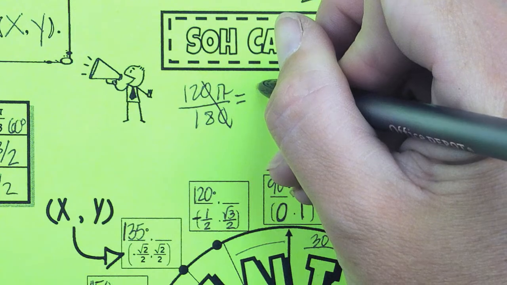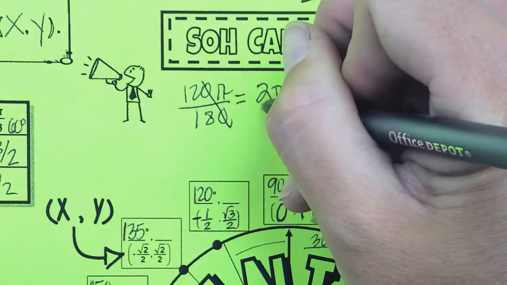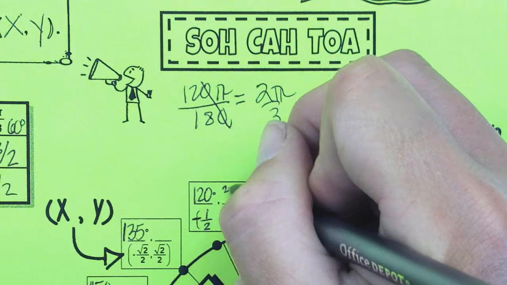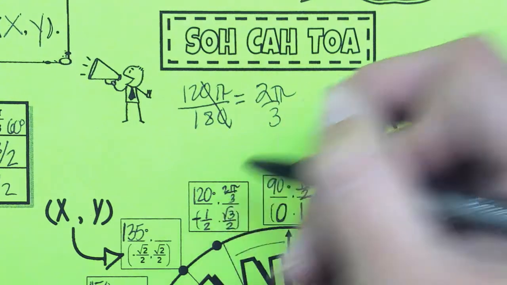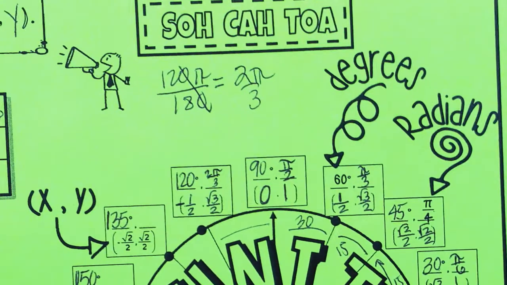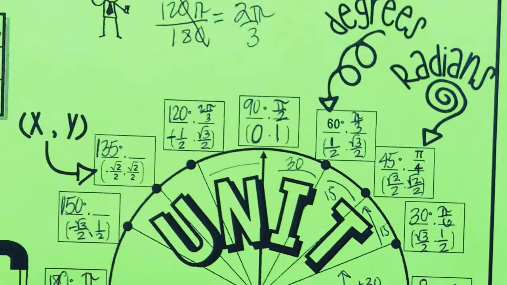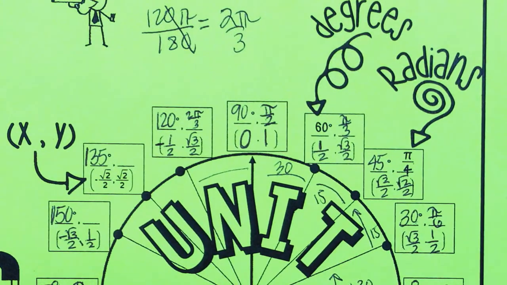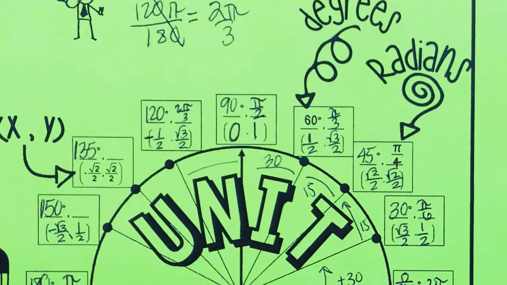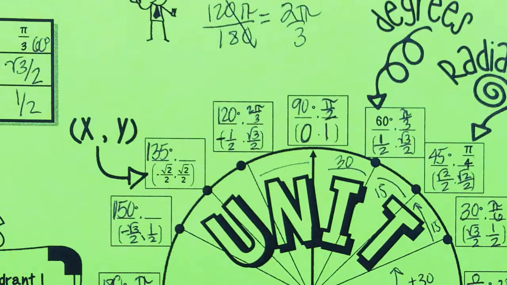What on top? On bottom? Okay. 2 pi over 3. What do you think the next one is going to be? What? Oh. Take a look at, well, never mind, we'll do that in a minute.